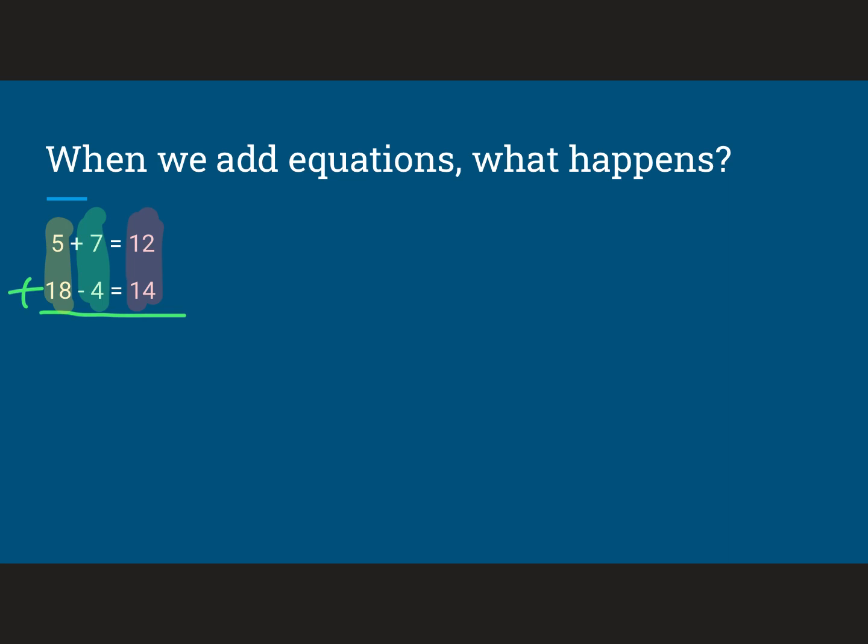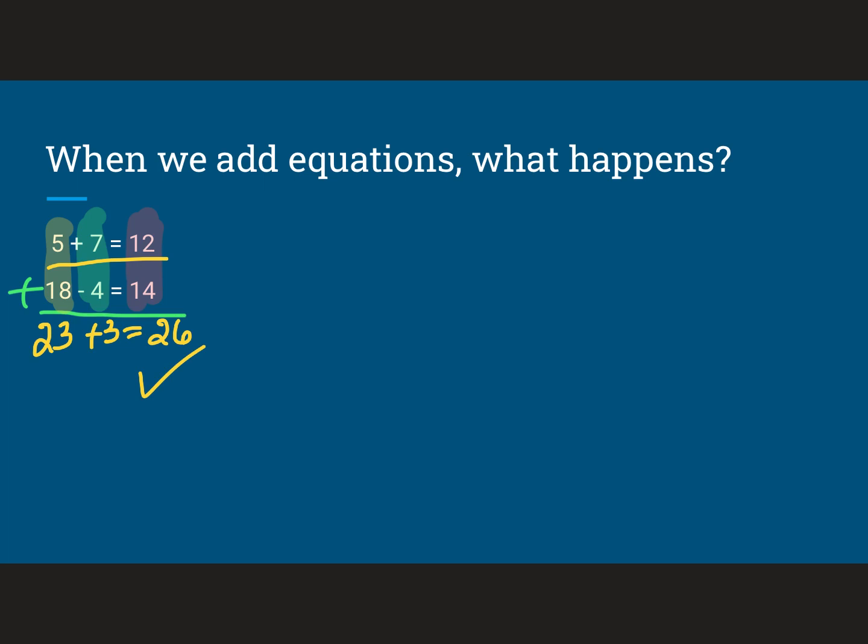So you can see 5 plus 8 is going to give me 13. 7 plus negative 4 gives me a positive 3. 12 plus 14 gives me 26. And it's true, 13 plus 3 is 26.